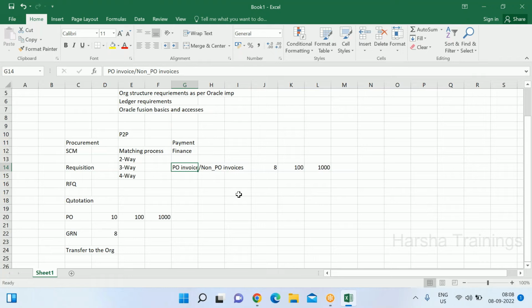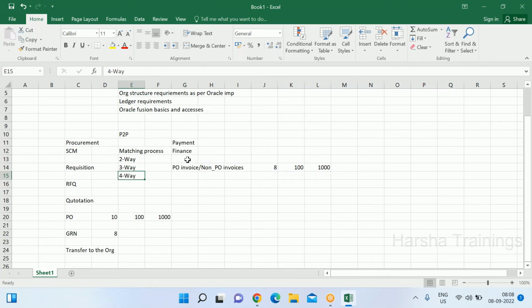Especially when the amount is not matching, there will be a variance account to process. How to process the variance account, we will discuss later. Now we are just understanding the process, not accounting, in this P2P.